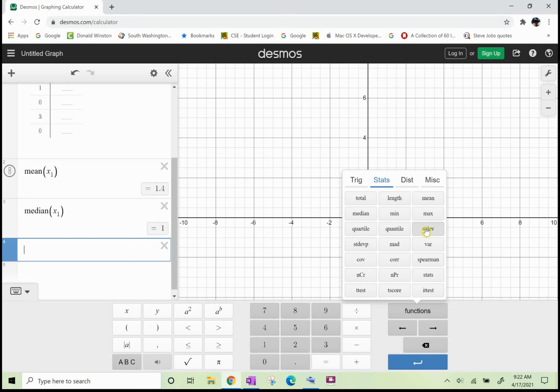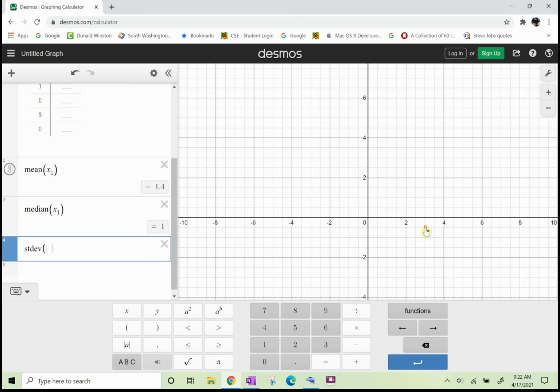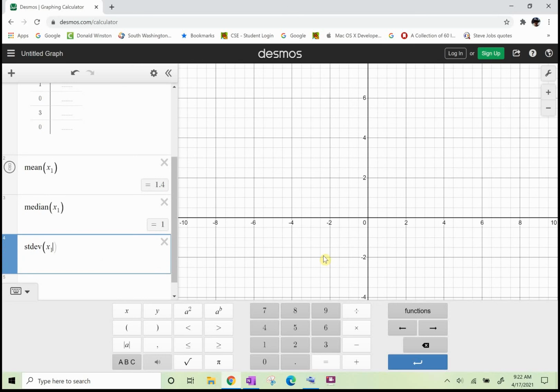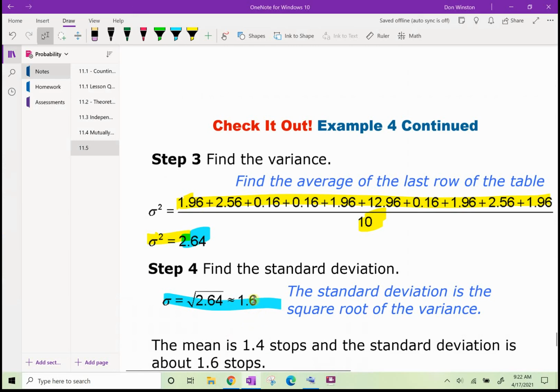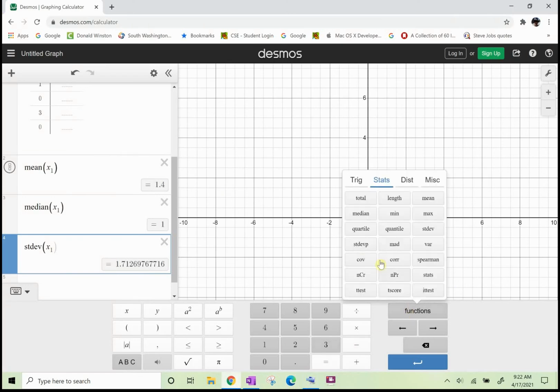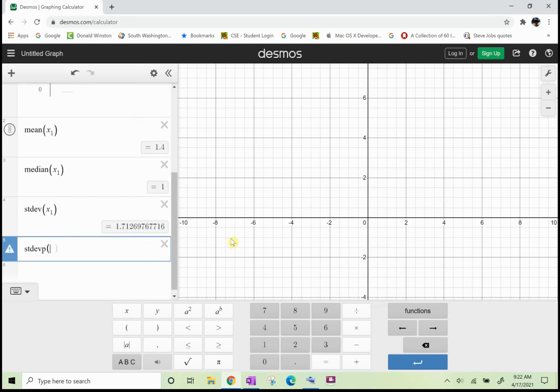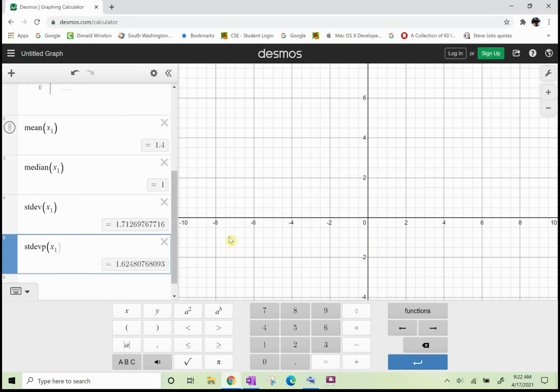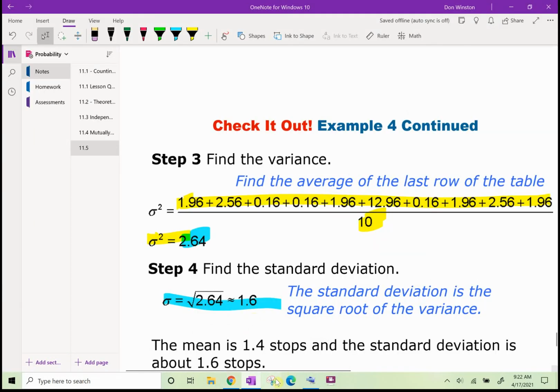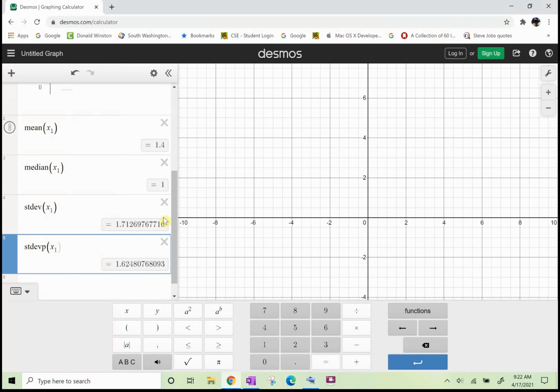STDEV would have to subtract 1, they are using the sample, so standard deviation x1. Let's go back here. Well, 1.6. Are they using standard deviation P? 1.6. Okay, and that's what we got, 1.62. So 1.6.